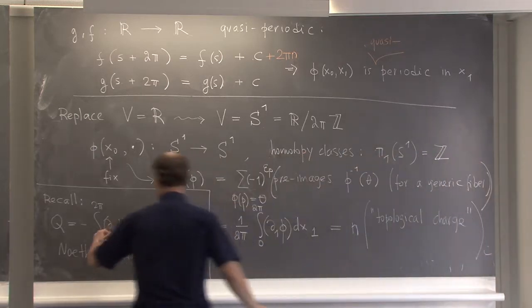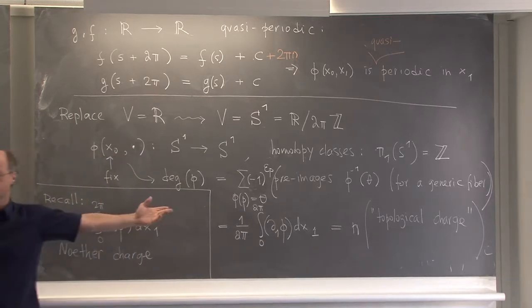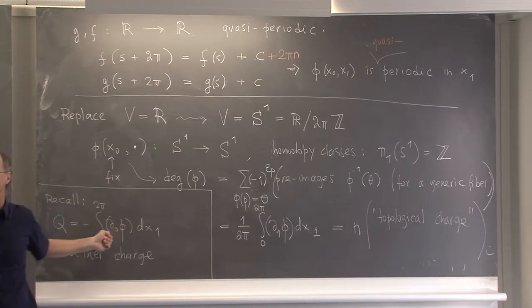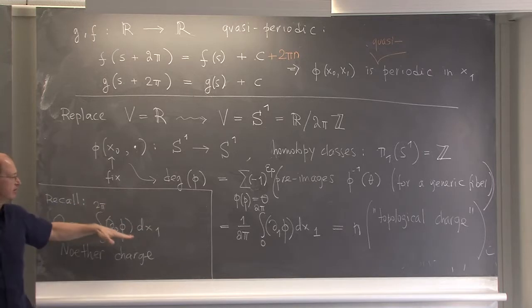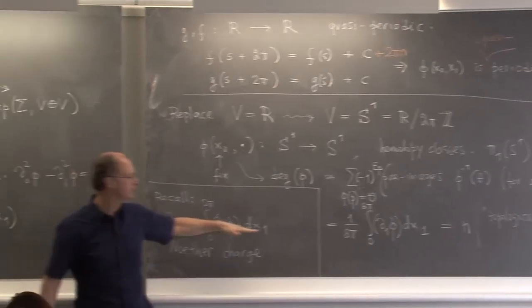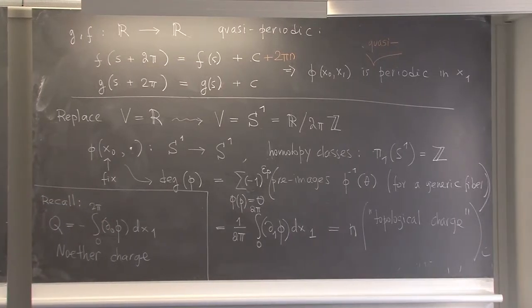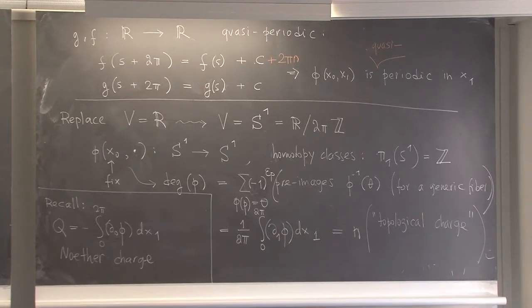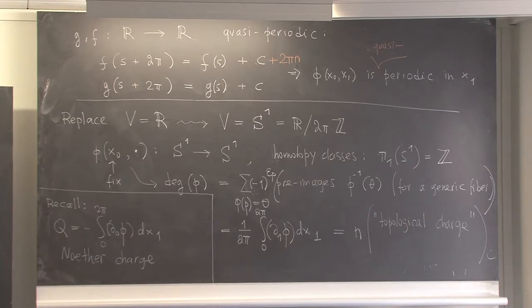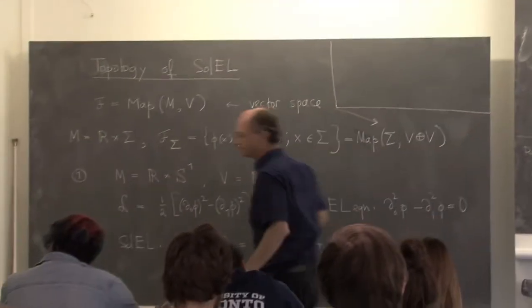Of course, the expressions do look somewhat similar, right? It's an integral of one of the derivatives. Now here it's an integral of a time derivative, and here it's an integral of the space derivative. Perhaps one more thing.